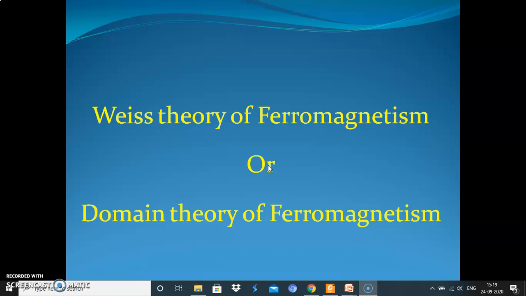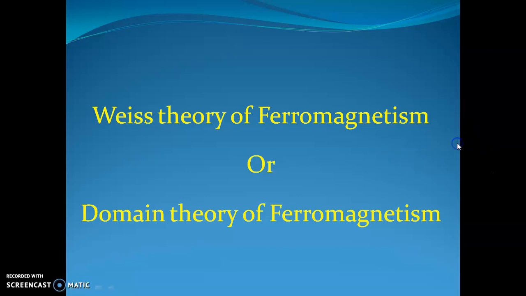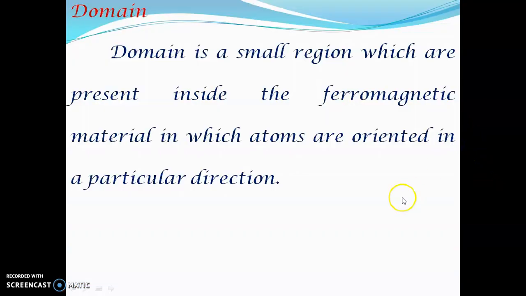That is, each individual atomic dipole moment will align in the field direction. So in this theory, we are explaining the magnetization process. First, we should discuss what a domain is.